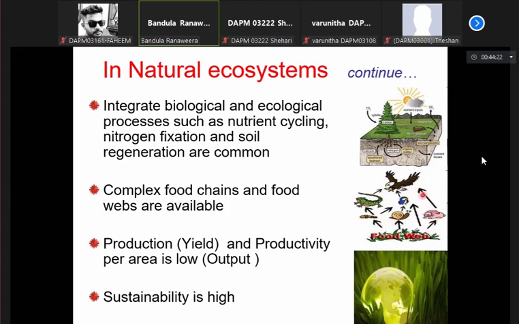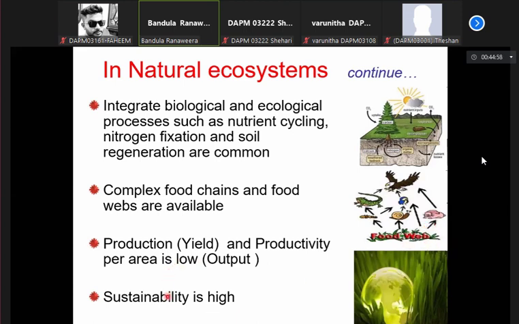When the secondary consumers take their food, they may consume not only one species, but they have cross connections with other food chains starting from other crops, right?